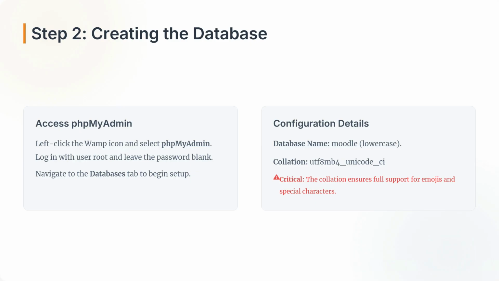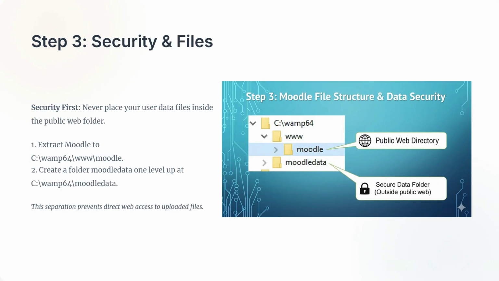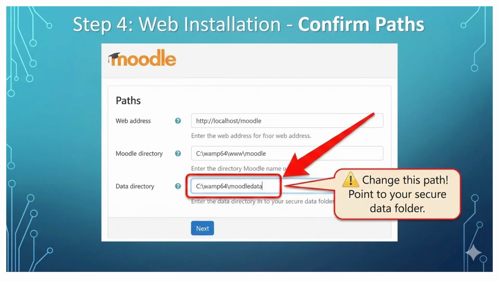And then we will create the database with the correct settings, and also the file structure and the security, regarding how best your LMS should be set up for proper use and to avoid issues.